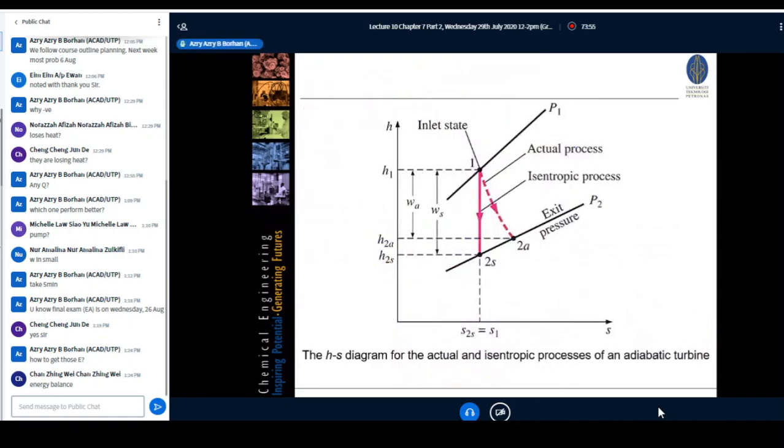Now, if you represent this on an H versus S diagram, all right, this straight line represents the inlet and outlet pressure. Guys, remember, inside the turbine, you allow the steam to be expanded. So that's why your outlet pressure P2 is lower than P1, due to expansion.